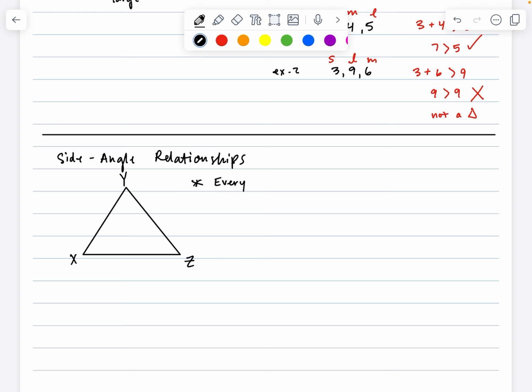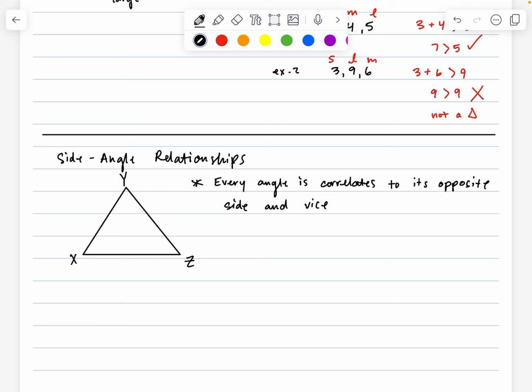Every angle is directly related, or correlates, I should say. That's a better way to put it. Correlates to its opposite side, and vice versa.